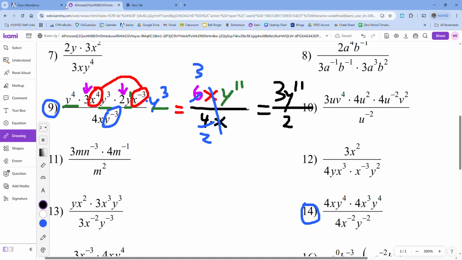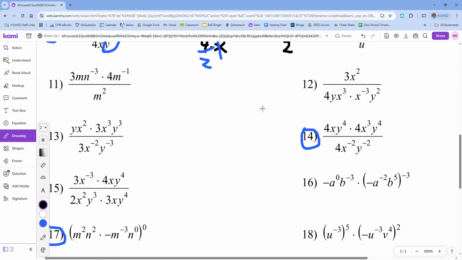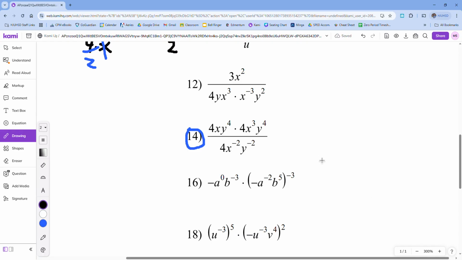Let's get rid of some of these here, hopefully. Okay, next up, number 14. This looks like fun. So 14 here, we have negative exponents in the denominator. Just like before, I'm going to take these negative exponents and put them into the top.